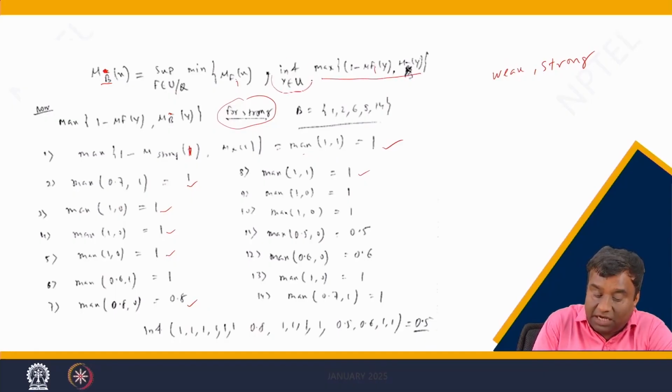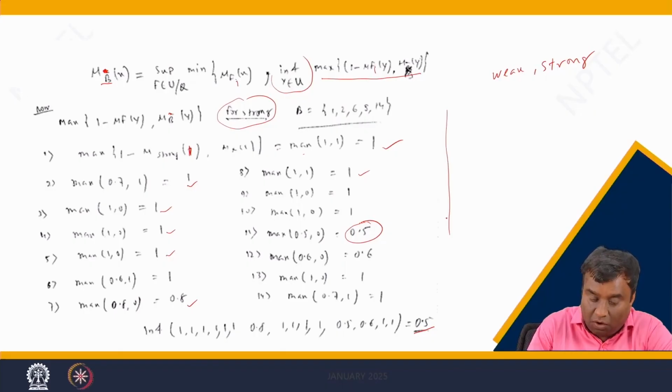We have calculated the maximum of these values. Now we will calculate the infimum, the minimum of all these elements: 1, 1, 1, 0.8, and so on. You can check that the minimum value here is 0.5. Now we need to calculate the minimum of mu F of x and 0.5 for each x.